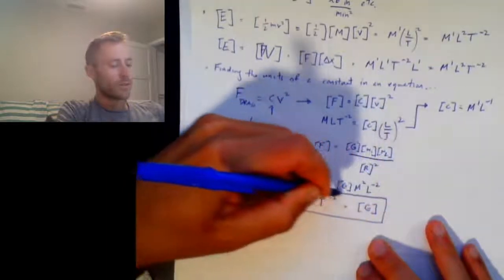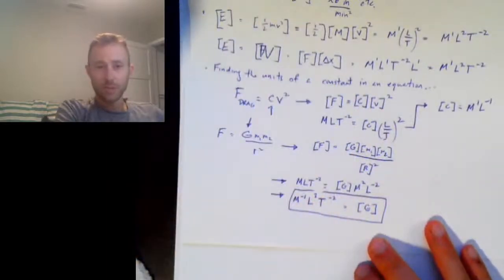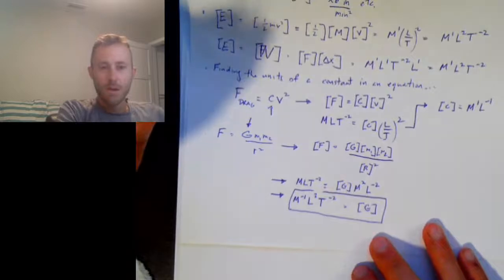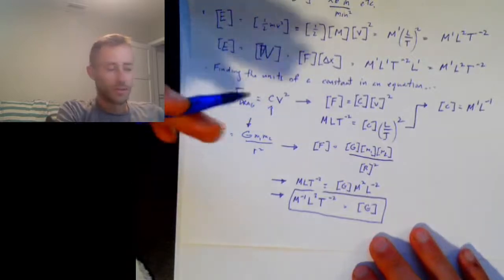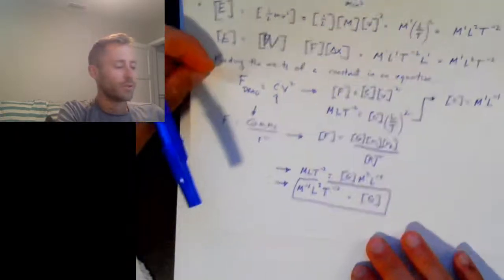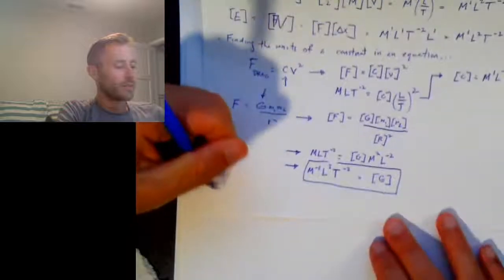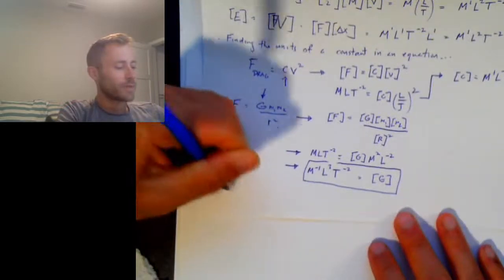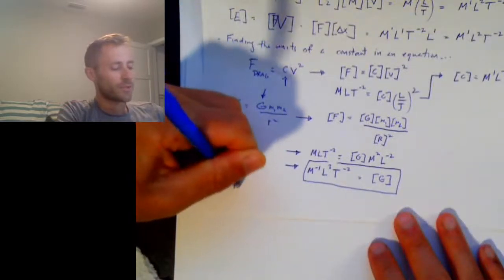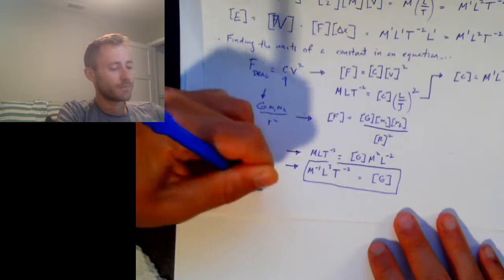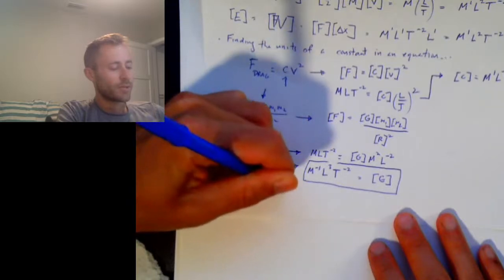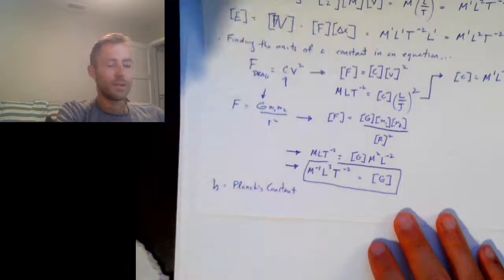There are some other fundamental constants of nature that we should probably know the units of. There is h, which is Planck's constant. Planck's constant shows up in quantum mechanics all the time.